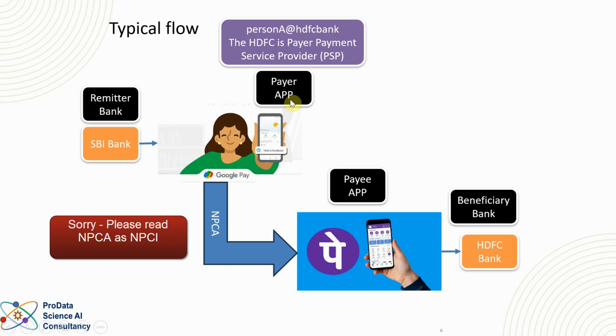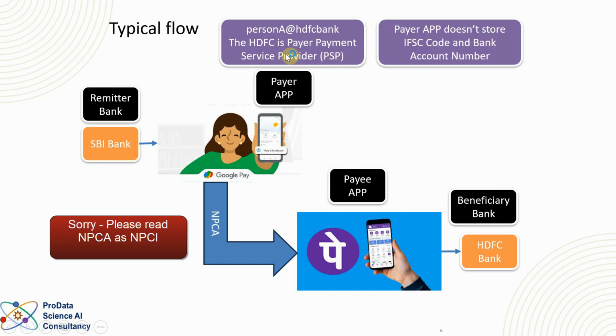Let's understand this way. If the UPI ID of this person was person A at HDFC bank, in this case HDFC is the Payee payment service provider, and HDFC in turn knows the IFSC code and the bank account number, which in this case belongs to SBI bank.